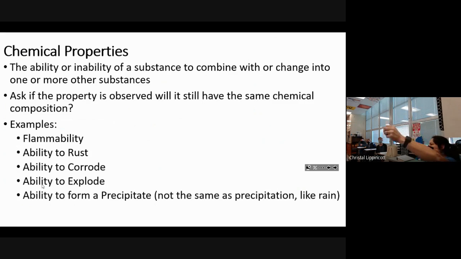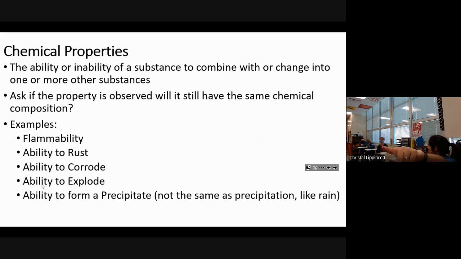If I have gasoline in that gas tank and I go through a combustion engine, am I going to have gasoline in the end? No. It's going to turn into water and carbon dioxide and maybe some other byproducts if the stuff isn't pure.